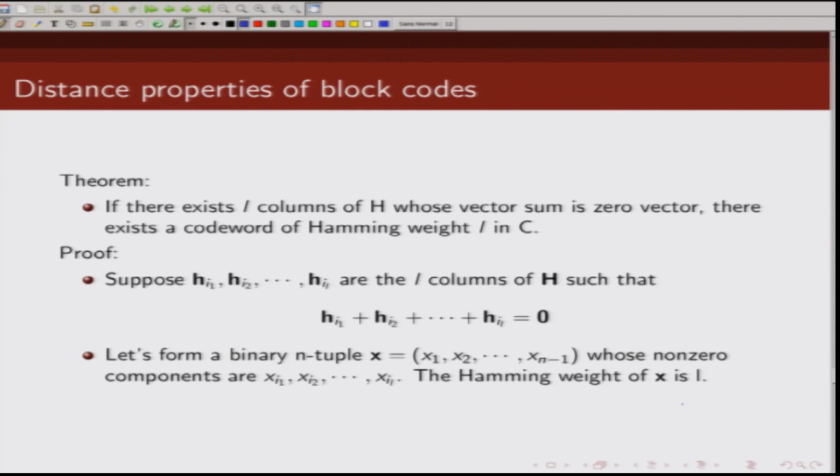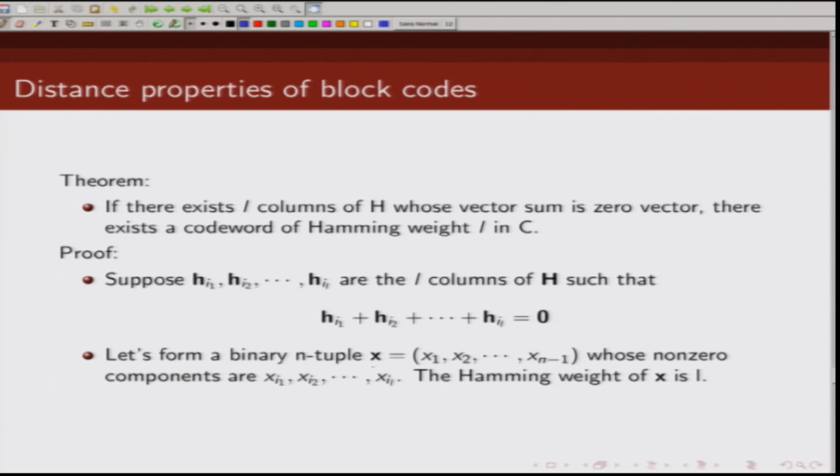Now, we want to show that if there exist L columns of this parity check matrix H whose vector sum is 0, then there exists a code word whose Hamming weight is L. So, next we are going to show that if this condition happens and there is an n tuple whose Hamming weight is L, then this x has to be a code word.